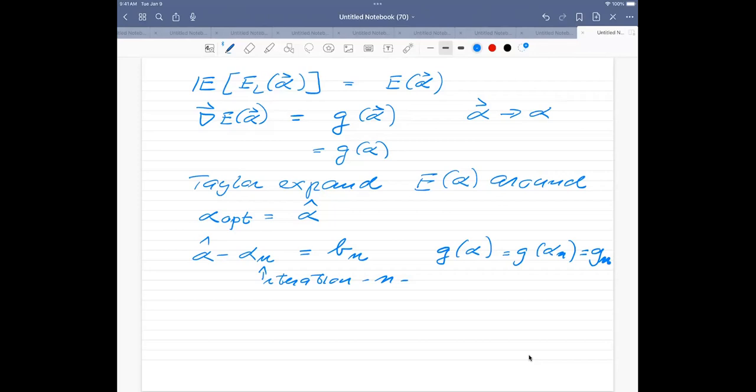Then, since I'm going to Taylor expand, I will also need second derivatives of the energy. So I'm going to have a second derivative with respect to these parameters of the energy.